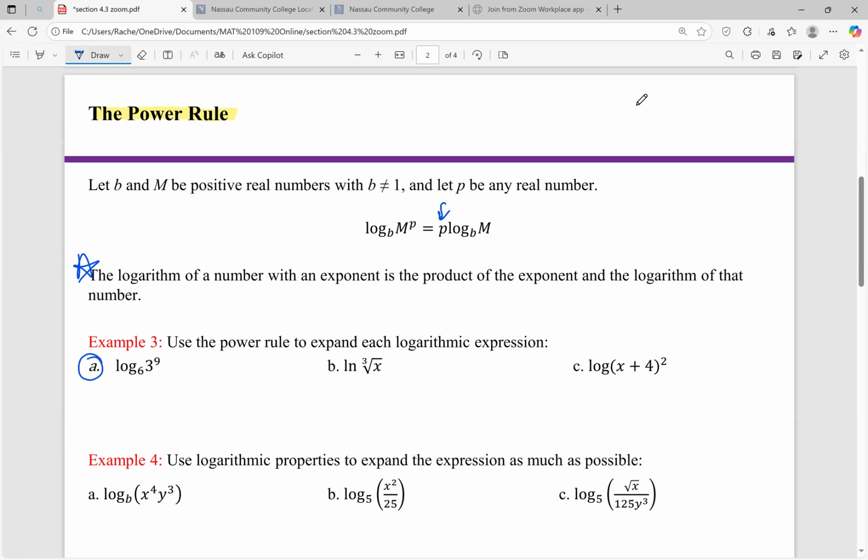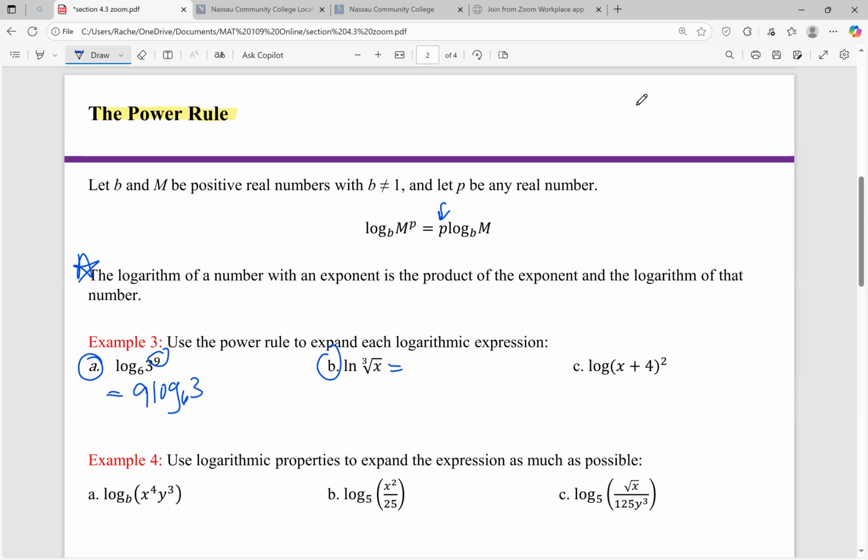So A, we have log base 6 of 3 to the 9th. 9 is the power. So I can rewrite that in front as part of the product. So 9 times log base 6 of 3. For B, we have the natural log of the third root of x.